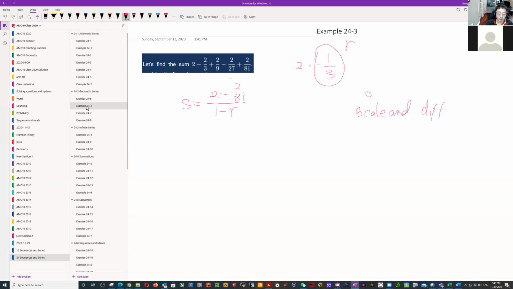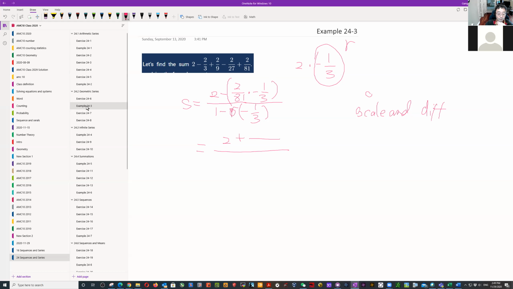The tail term is 2/81, and scale it by this. Negative 1/3 is actually this number, so minus R is actually minus negative 1/3. So basically this will be 2, and a minus thing is actually plus.